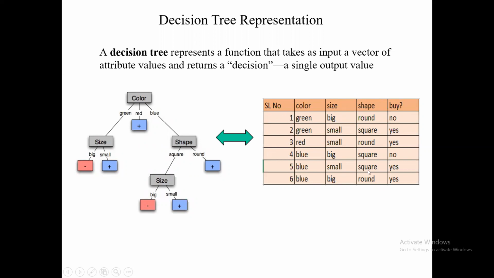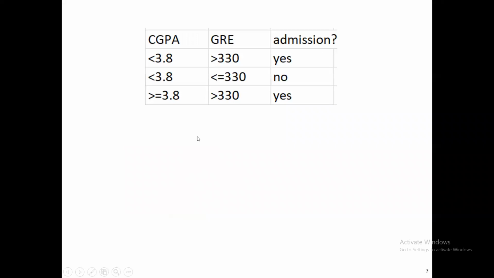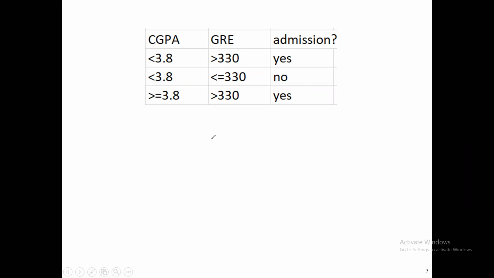Similarly, we can also represent a table like this as a decision tree. For example, if we have a truth table like this, we can draw a decision tree from it. How? We can see that in the first row, CGPA is less than 3.8.